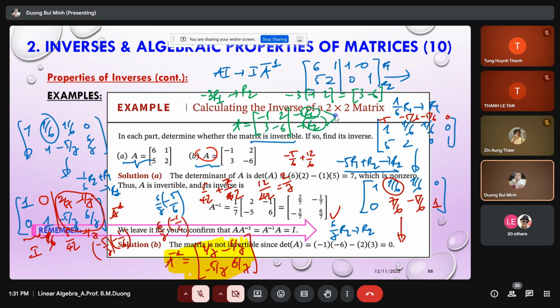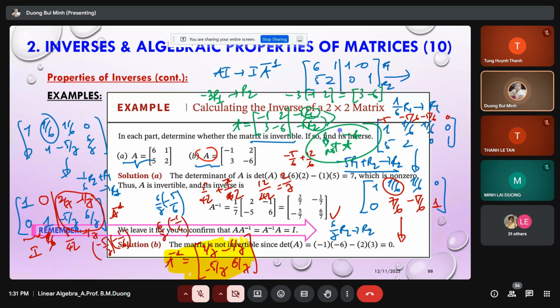are linearly dependent. If some columns or some rows are linearly dependent, we cannot get the inverse of A, because some rows or some columns are linearly dependent.